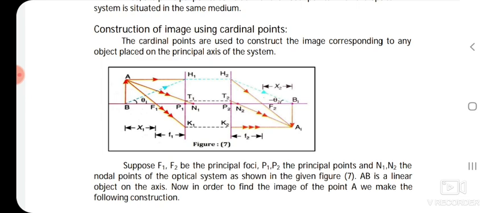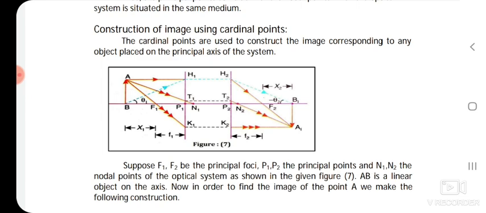Therefore, A1 B1 divided by AB, as we know P1 F1 gives small f1, the focal length of that first lens, is equal to f1 divided by x1, as we know the value of BF1 is x1 from this diagram.